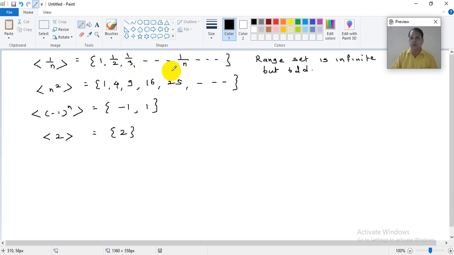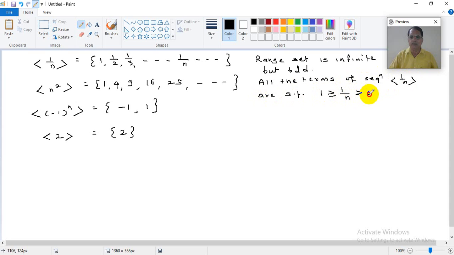So we can say all the terms of the sequence 1 upon n are such that 1 is greater than or equal to 1 upon n, which is greater than 0.